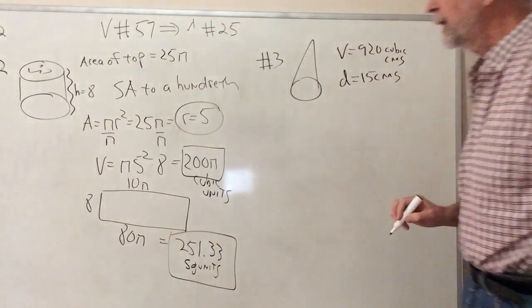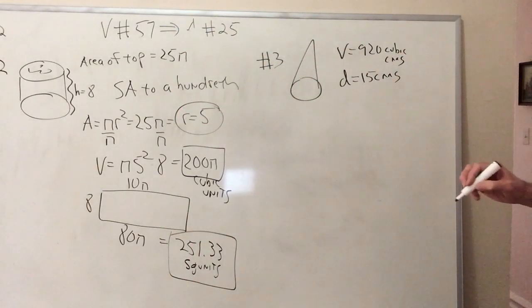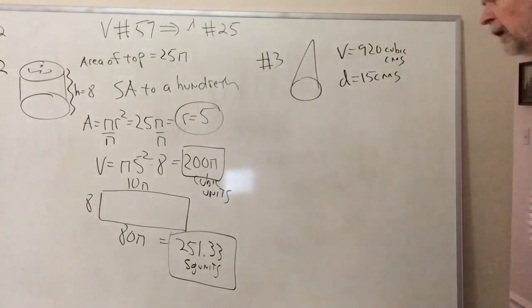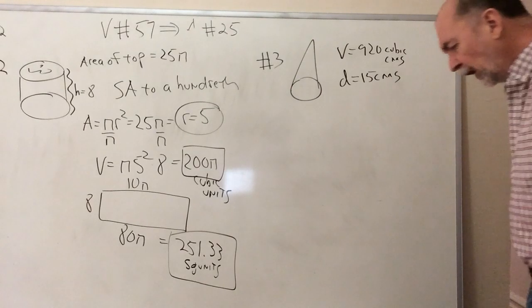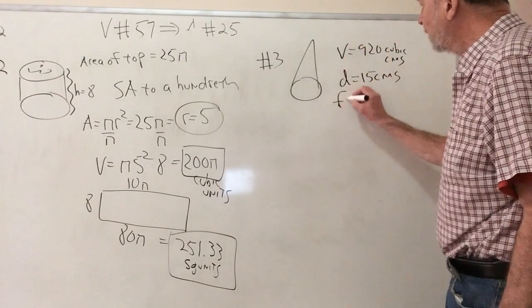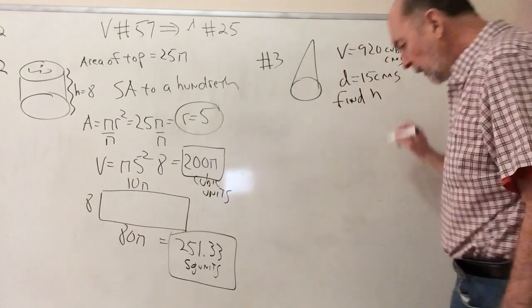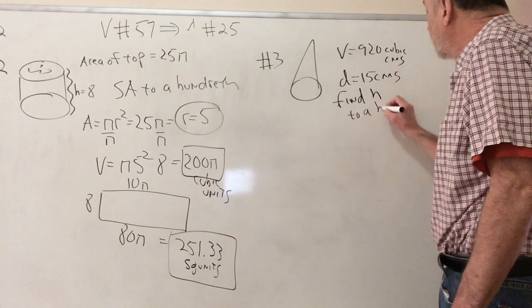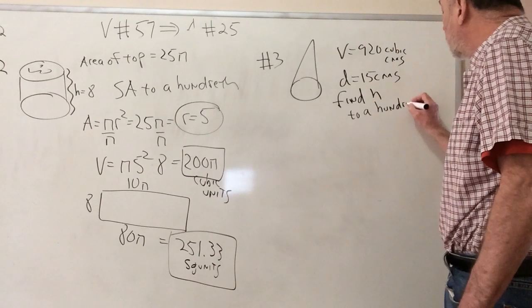And this one I did not completely understand the problem, but I rectified myself. And anyway, I didn't waste time finding out that you can do the volume as well. And it says find h, and again to the hundredth. So that's their way of saying that you need to use a calculator.